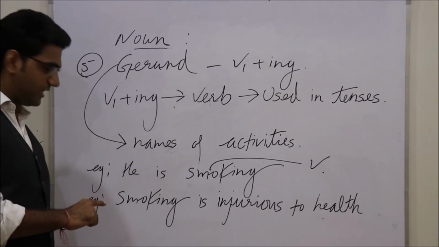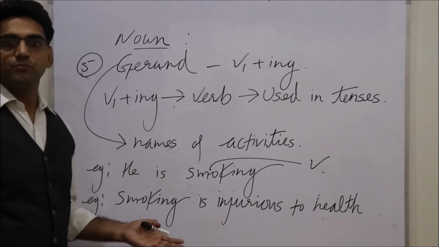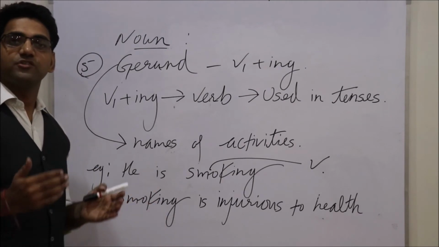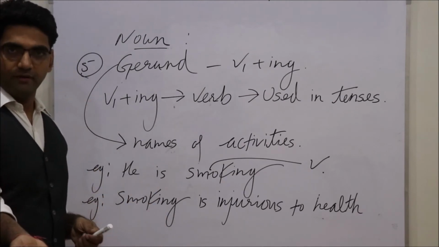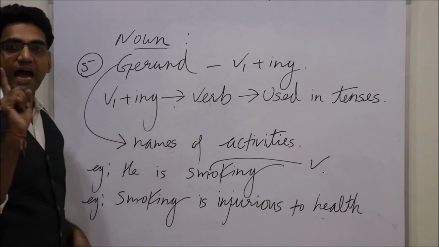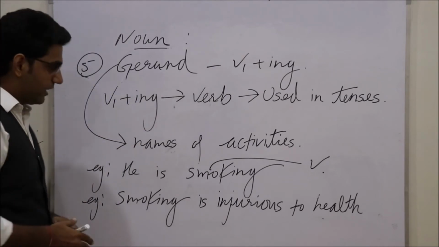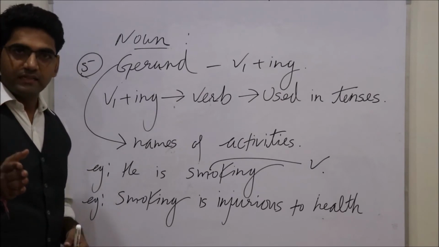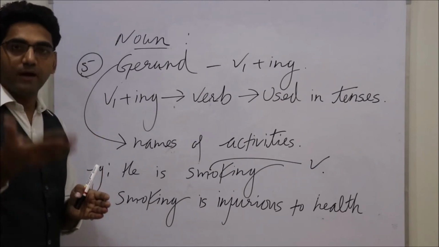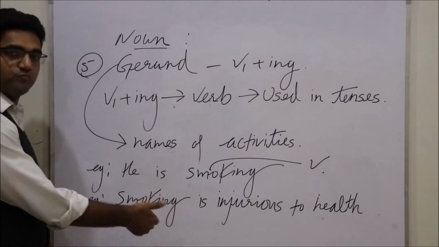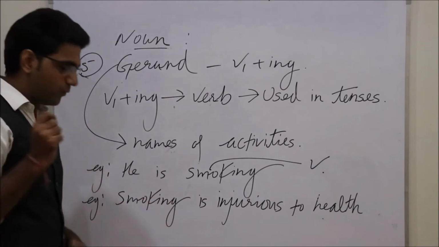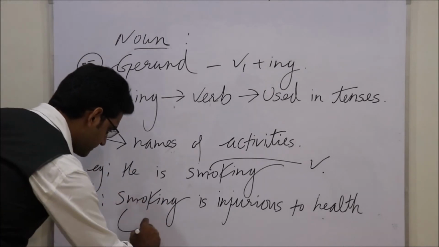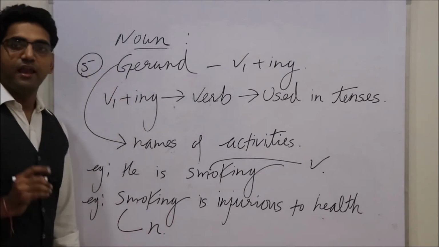So smoking is injurious to health. In this particular sentence, nobody is smoking. We are just talking about smoking, which is a name of an activity. You must have read the definition of subject, that a subject is something which is talked about. So we're talking about smoking here. Nobody's smoking, which means smoking here is functioning as a noun.